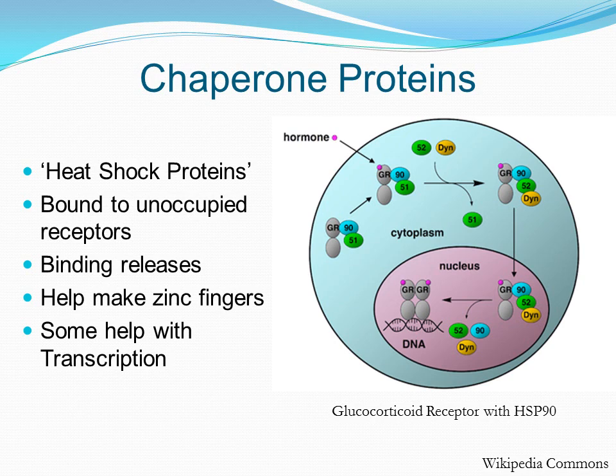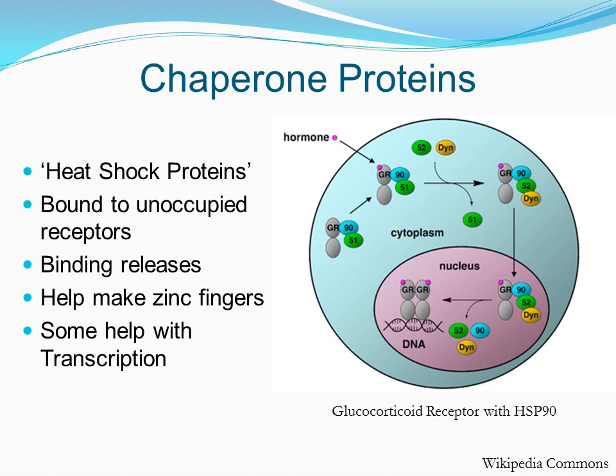So they're also called heat shock proteins. That's why it's HSP90. And basically what they do is they keep the receptor ready to be bound. Once the hormone binds to them, they're released. That activates the receptor. It makes the receptor become the transcription factor that it is.